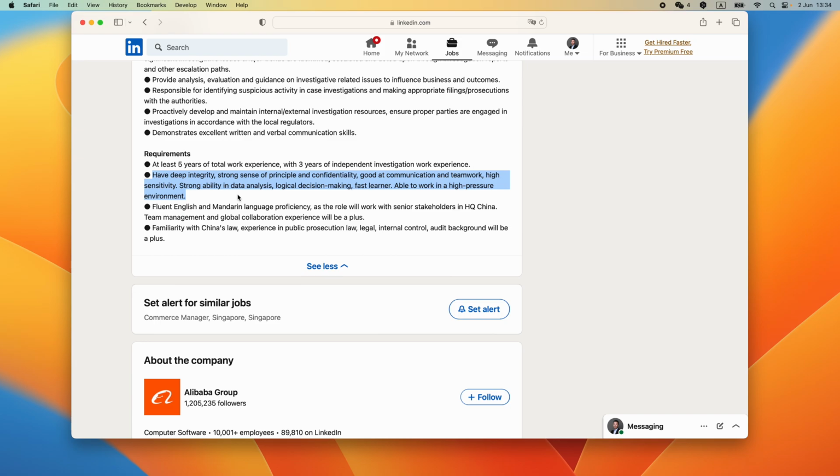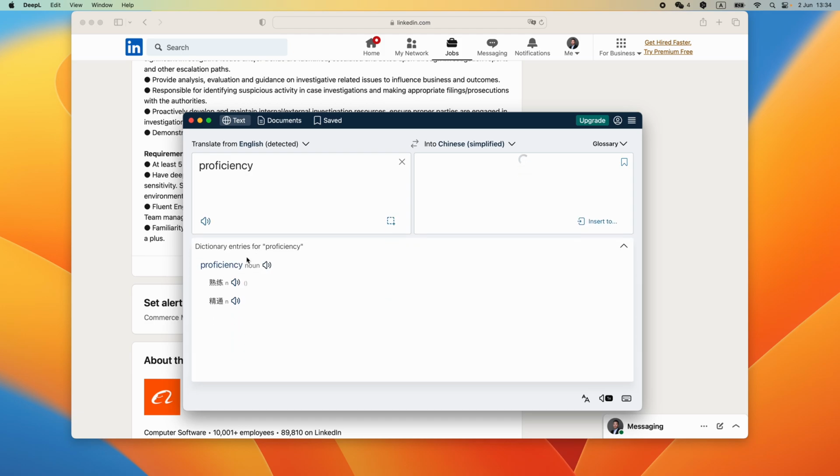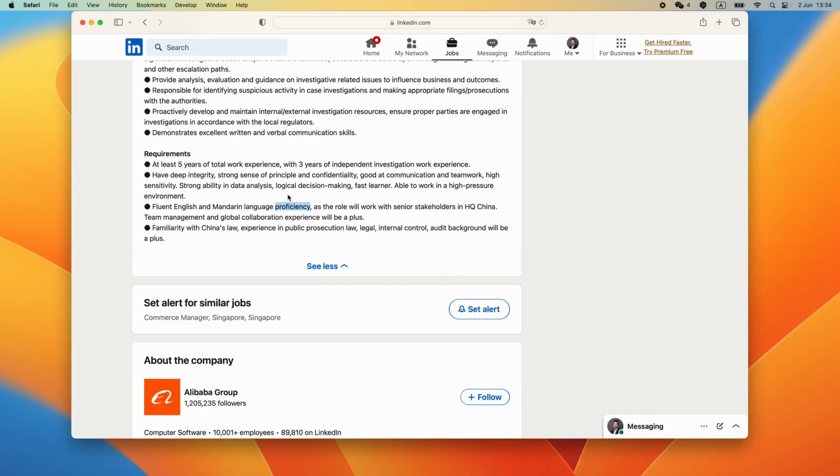You can find very serious and legally influence in Singapore. Okay, the second one is fluent English and Mandarin language proficiency, as the role will work with senior shareholders in China. Team management and global collaboration experience will be a plus.